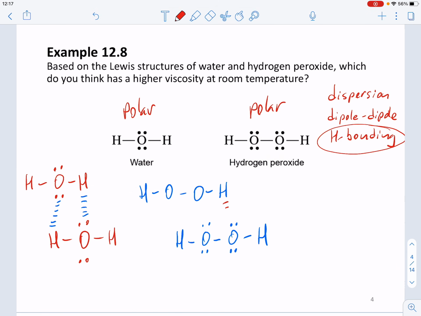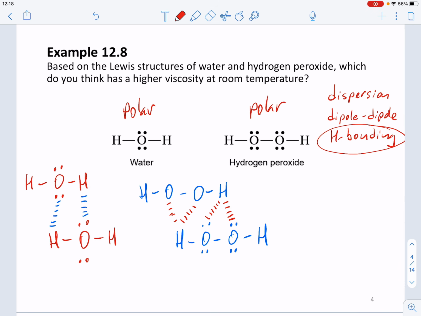The hydrogen will be attracted to that oxygen, but there is no limitation regarding how many oxygens can attract that hydrogen. We tend to put it one-on-one, but that oxygen would be jealous enough that he wants to interact with that hydrogen, right? The same thing happens here with this hydrogen, with this oxygen, and with that oxygen. So you actually have multiple points of contact between the hydrogen peroxide molecules.